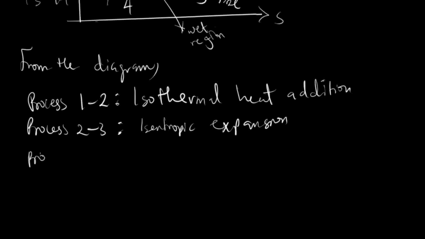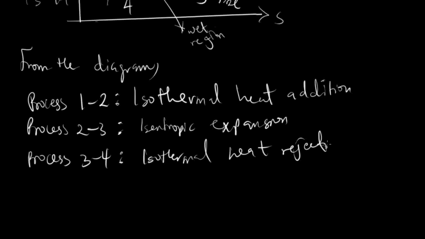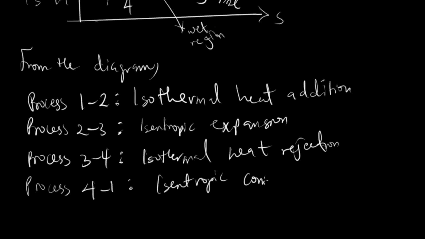Process 3-4 is isothermal heat rejection. Then lastly, process 4-1 is the isentropic compression.